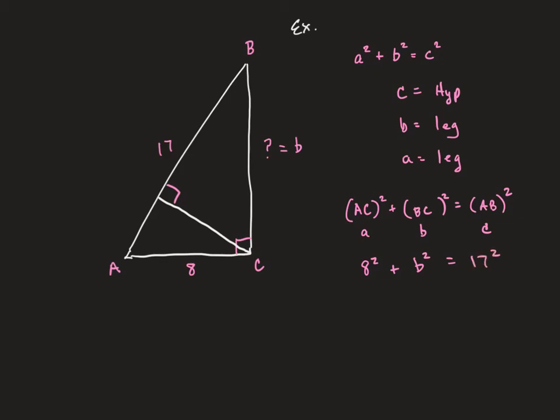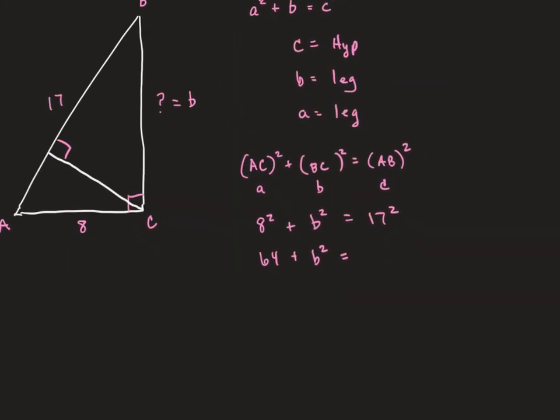And doing the math, we get 64 plus B squared is going to be equal to 17 squared. And, you know, I don't have a calculator on me, so we'll just go 17 times 17, which is 289.